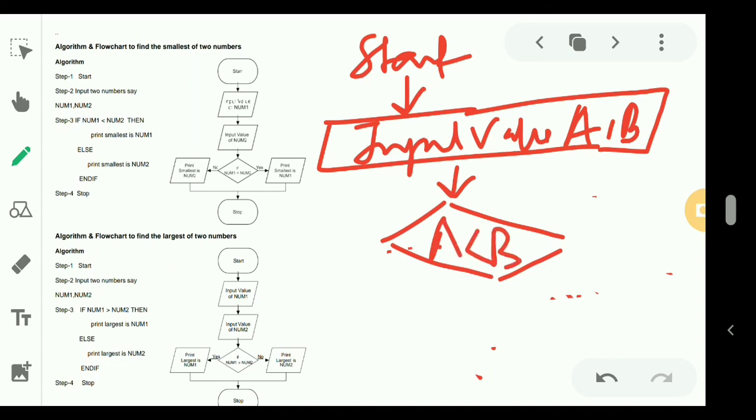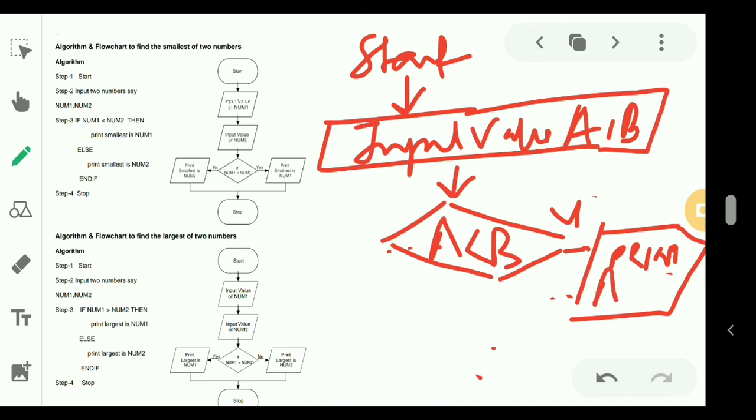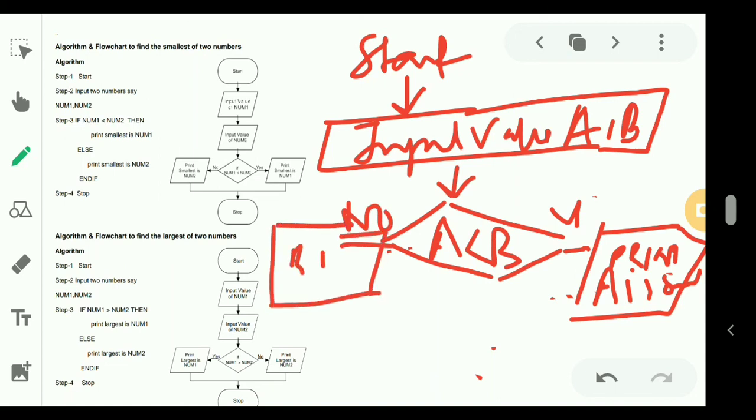If a is less than b, it means yes. If it is yes, then we have to print that a is the smallest one. And if it is no, then we have to print b is smallest. After that we will stop.